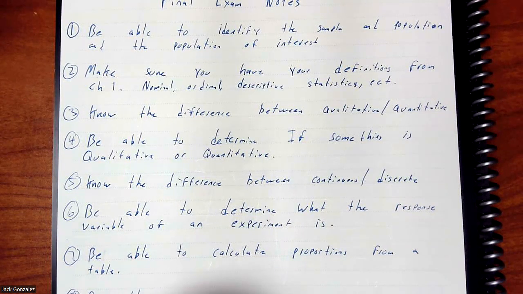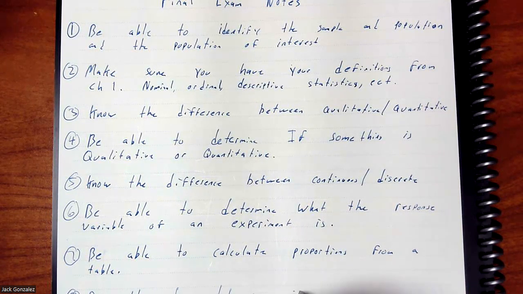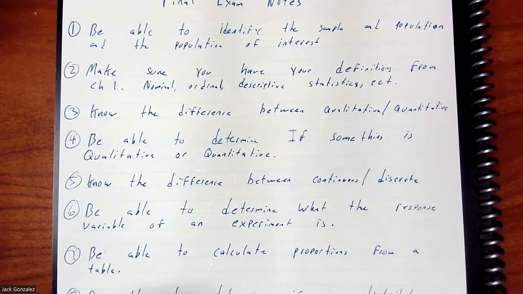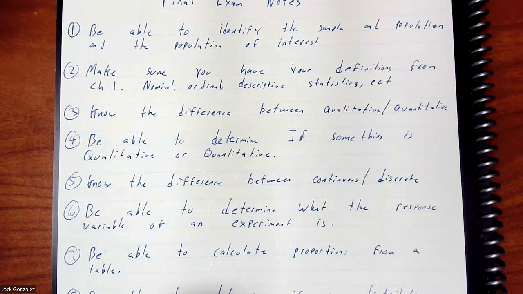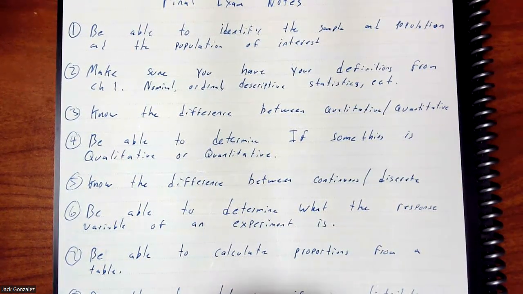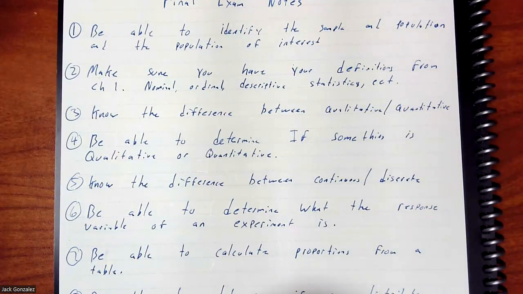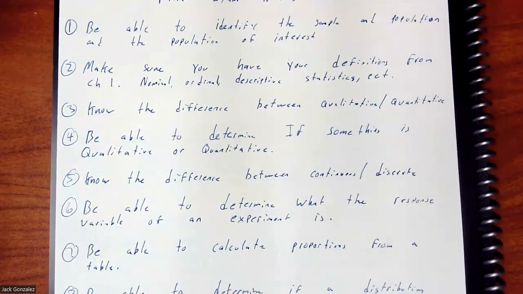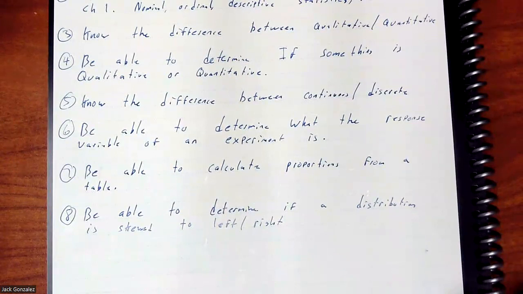Be able to determine if a distribution is skewed to the left or right. They're just skewed in general. Like, can you tell, or how do you know, basically?